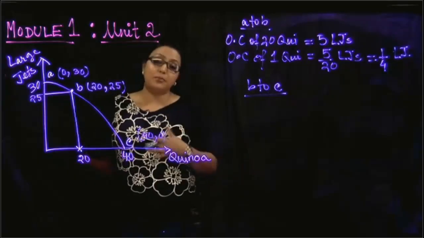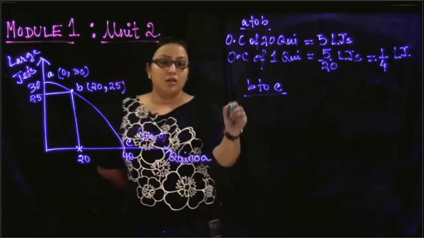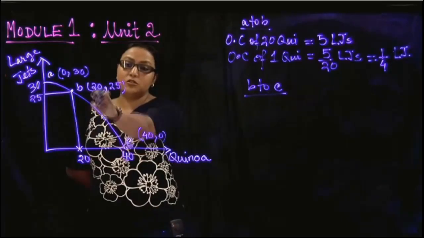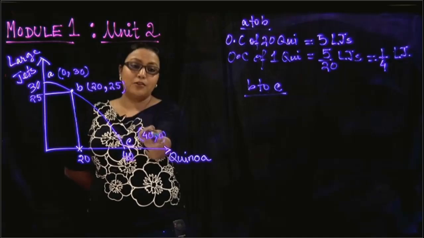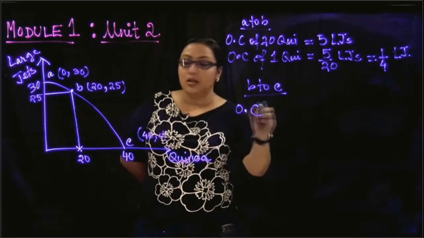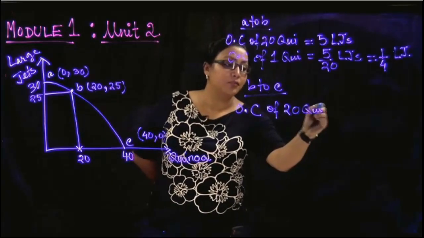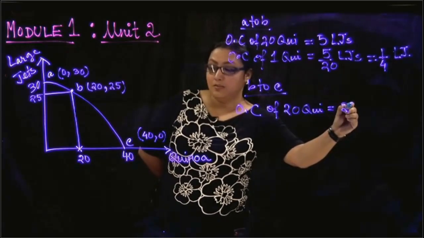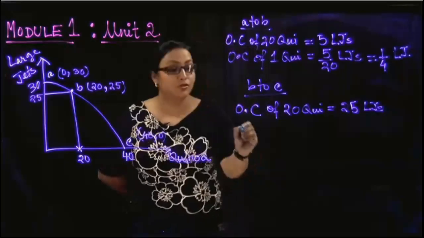Now let's go from point B to C and let's see if the rule is still validated. If the PPF was a straight line, we would get the same opportunity cost, remember. Now we are going from B to C, so you're gaining another 20 quinoa, but now you're having to give up 25 largettes, so the sacrifice is more. The opportunity cost of 20 quinoa now is 25 largettes. You're going from 25 to 0.